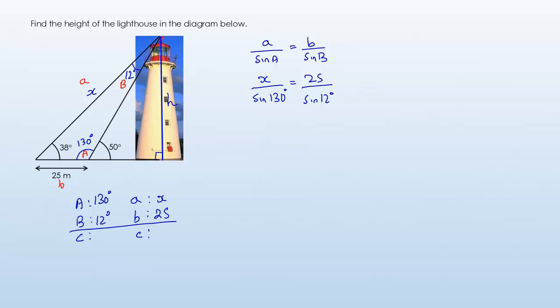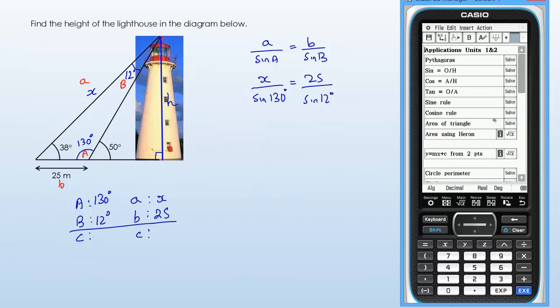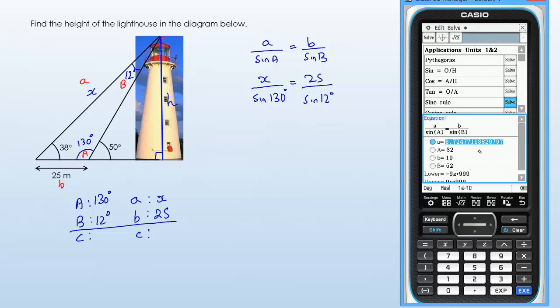Now I'm going to use the activity for this. So in the activity, I'm wanting the sine rule. I'm trying to find A, given that big A is 130, B is 25, and angle B is 12.